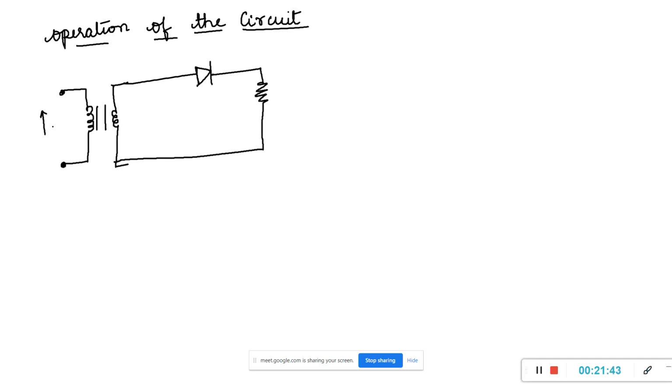When we apply the positive cycle here, this is RF, this is RL, and this is the current IL.